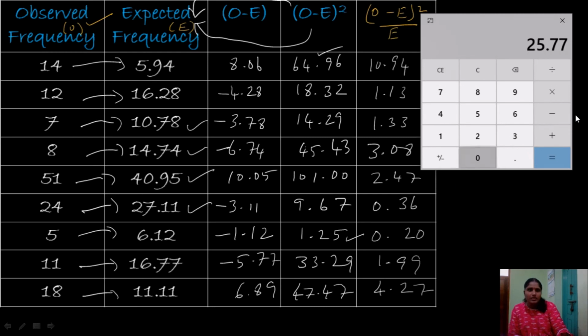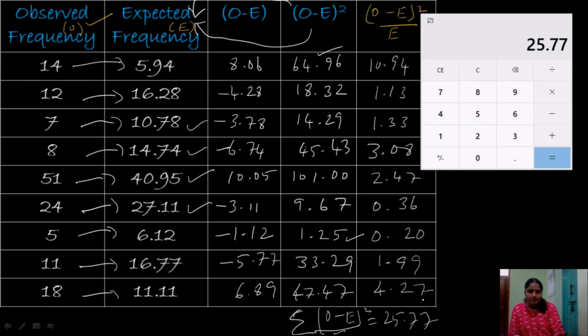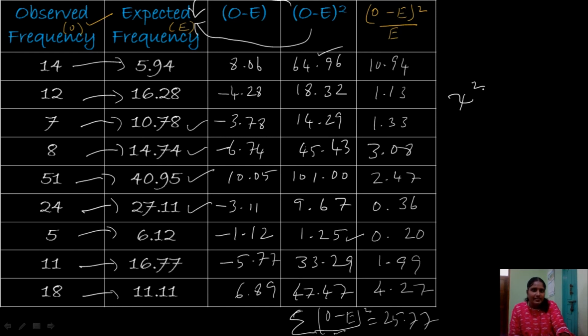You get the total as 25.77. So sigma observed minus expected the whole square over E is 25.77. Our calculated value of chi square is 25.77. Now let me move on to our conclusion part.